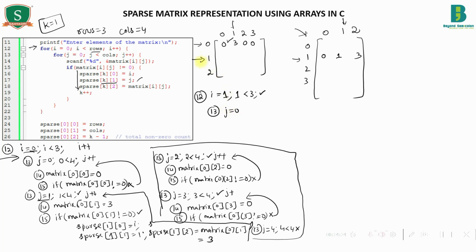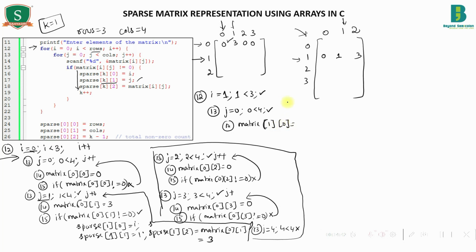So we have entered the first row and we are concentrating on the 0th column. 0 less than 4, the condition is true. Since the condition is true, it enters inside and checks with the 14th statement. Matrix of 1 comma 0.